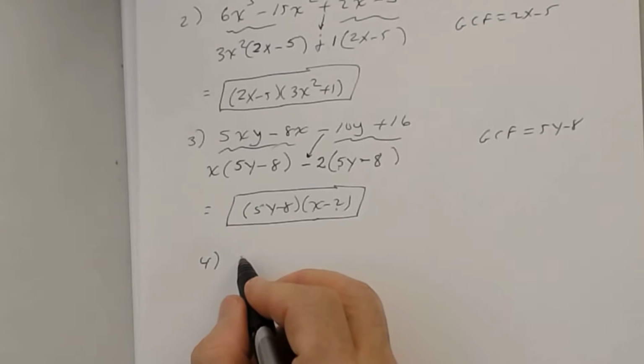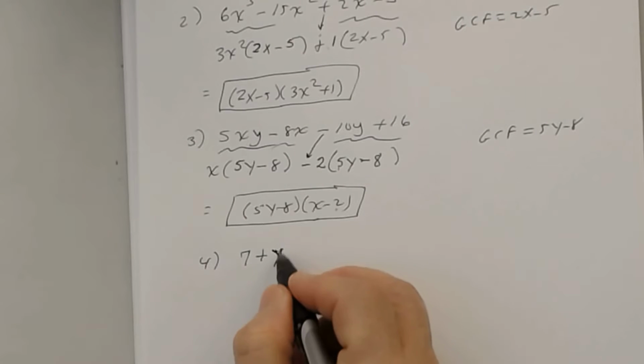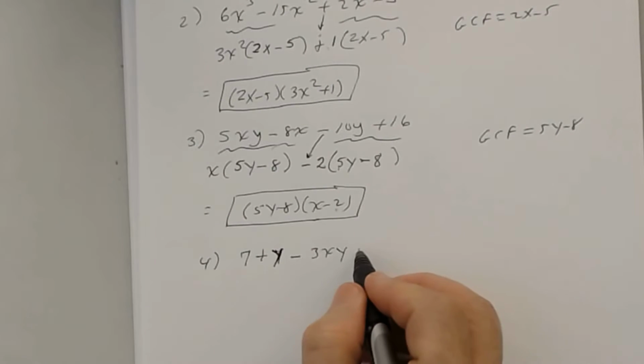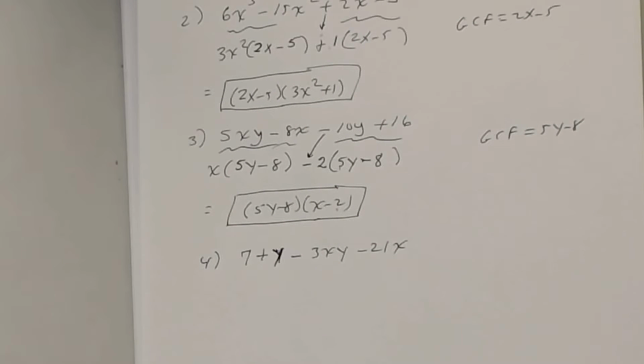Suppose we had this one. 7 plus y, that's a y, minus 3xy minus 21x. So write this down. 7 plus y minus 3xy minus 21x. Okay.